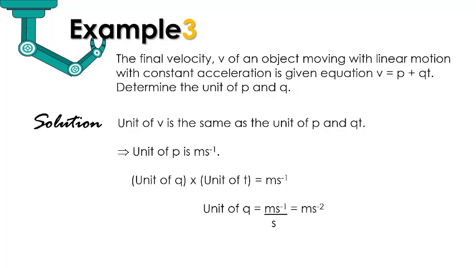Since v is the quantity of velocity, p and qt have the unit of velocity, that is meter per second. The unit of q times the unit of t equals meter per second. Since t is time, we can determine the unit of q to be meter per second squared.